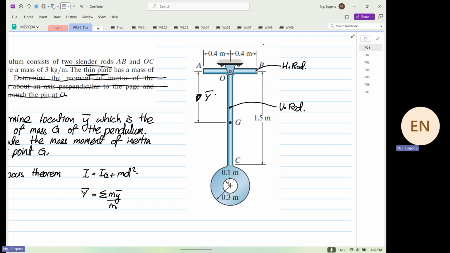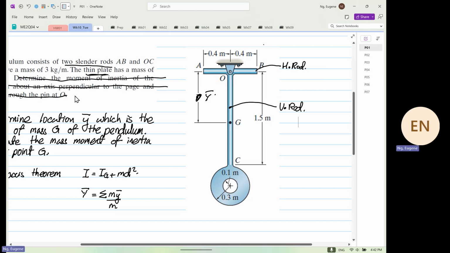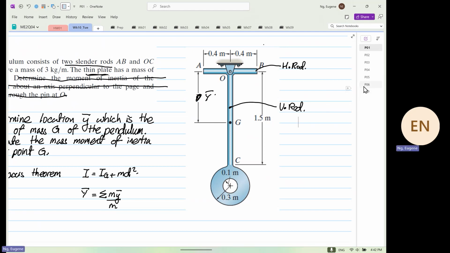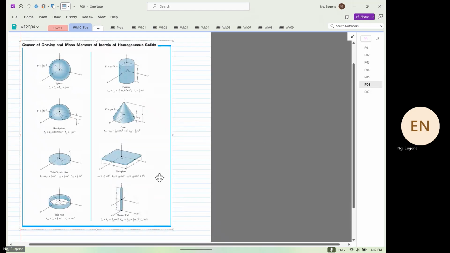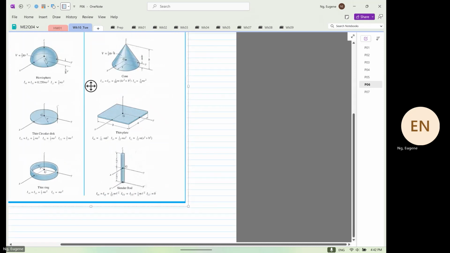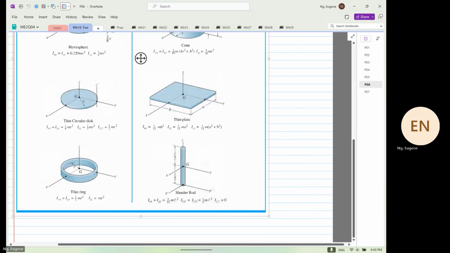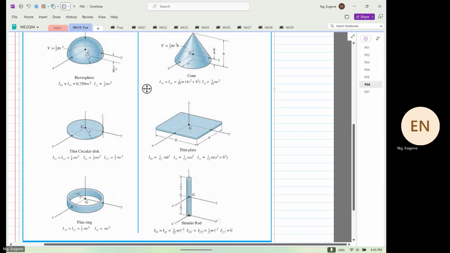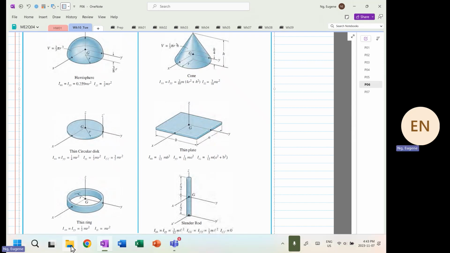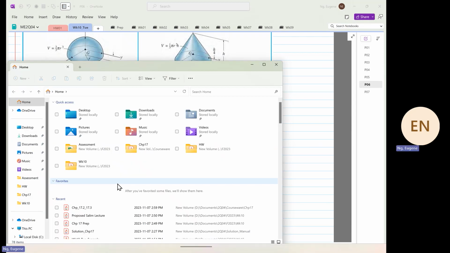Now, if we were to look at the table, which one are we going to use? Let me see, can I copy this table? Hold on, I can copy this table, but I want to do something. Give me a minute.